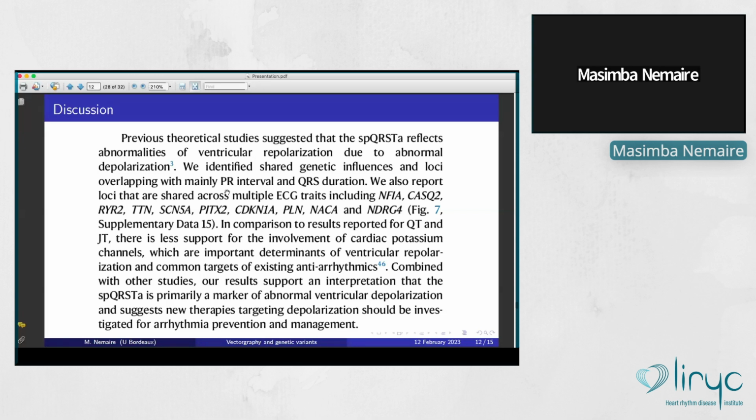But once the depolarization is not working very well, repolarization is not going to work so well. So this is like a downstream effect of the abnormal depolarization, rather than the case where the depolarization is normal, but it's the conduction of the heart that is a bit problematic, and things show up in the ECG a little bit better.